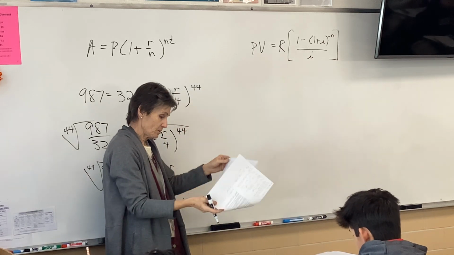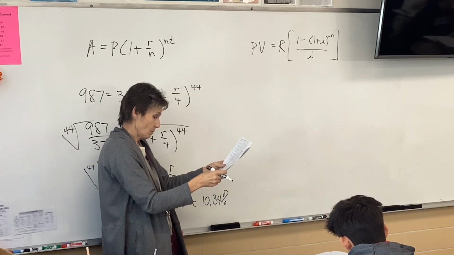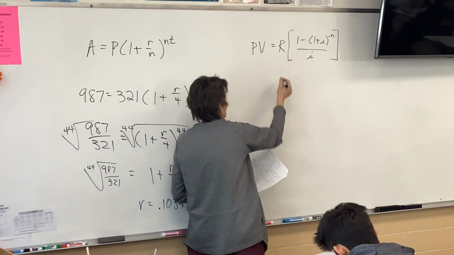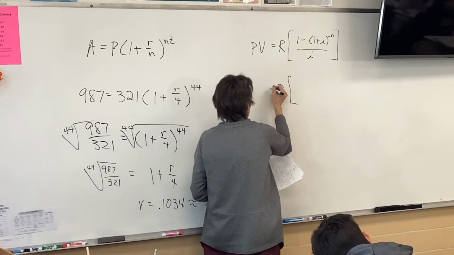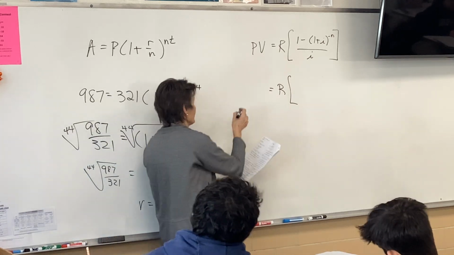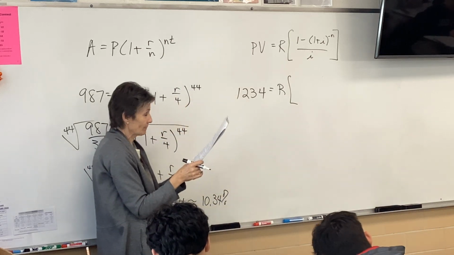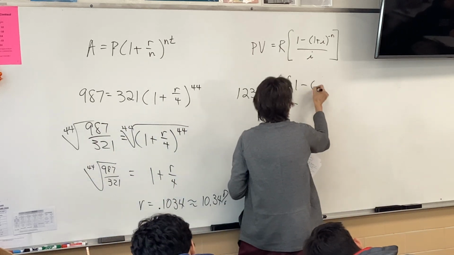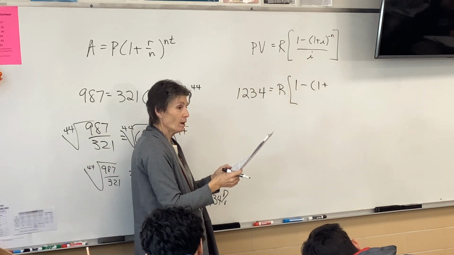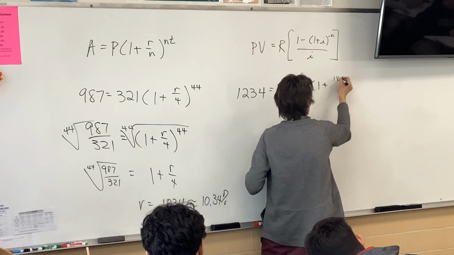Alright, so what am I doing? I wanna know what my payment is gonna be, so I'm gonna be solving for R. The present value of my loan is 1234. The interest rate is 0.1849 divided by 12.